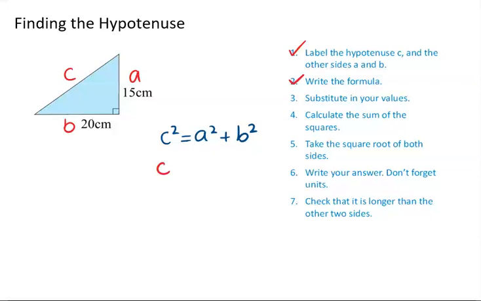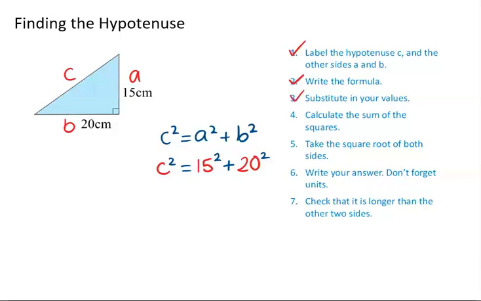So we have C squared equals, we have a value for A, that's 15 centimetres, so we can put 15 squared instead of A squared, plus B. Our B is 20 centimetres, so instead of B we can put in 20 squared. And that's our values substituted into Pythagoras' theorem formula. So we've done step 3 and we can tick that one off too.